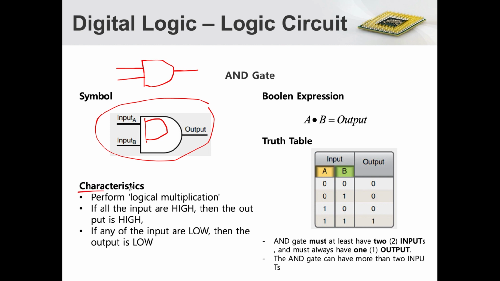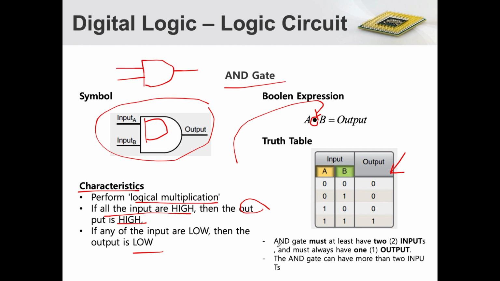And about the characteristic, as I mentioned, it is logical multiplication. How you perform your multiplication is like this, dotted over here. So if all inputs are high, then you get the output of high. For the rest, you're going to get low as your output. So this is your truth table for the AND gate. I already showed it in the previous slide.